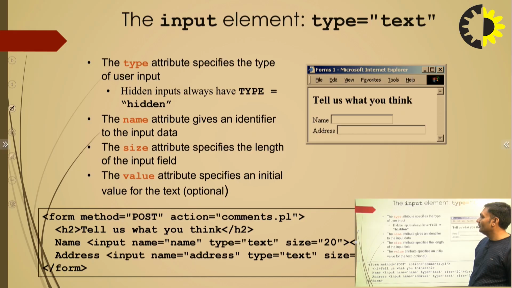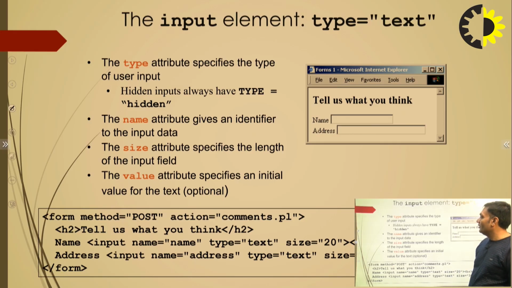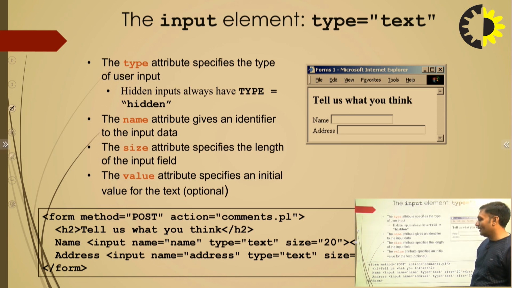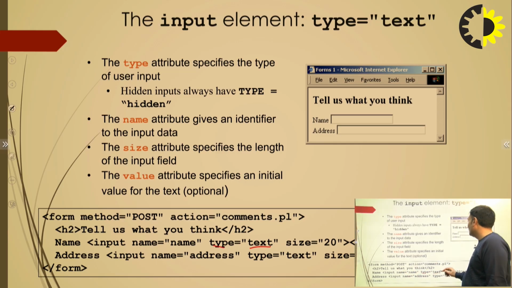Let's see the different input types and how we can use them. The type attribute can take multiple values. Like if I am writing input name equal to this and type equal to text, then this text box will be created.